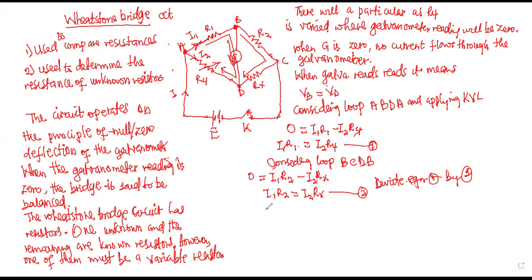So I1R1 over I1R2 is equal to I2R4 over I2RX. The I1s will cancel out, the I2s will also cancel out, and we have R1 over R2 is equal to R4 over Rx.